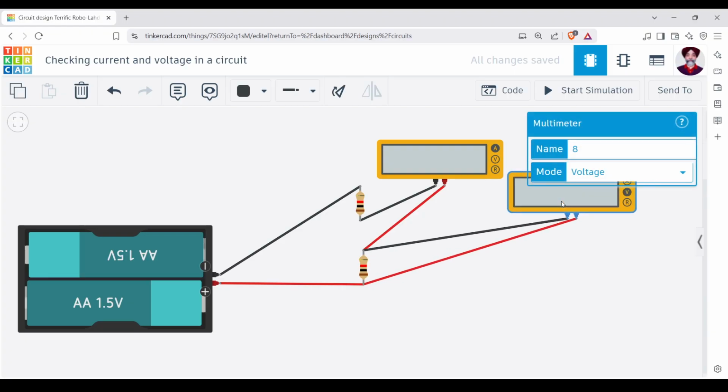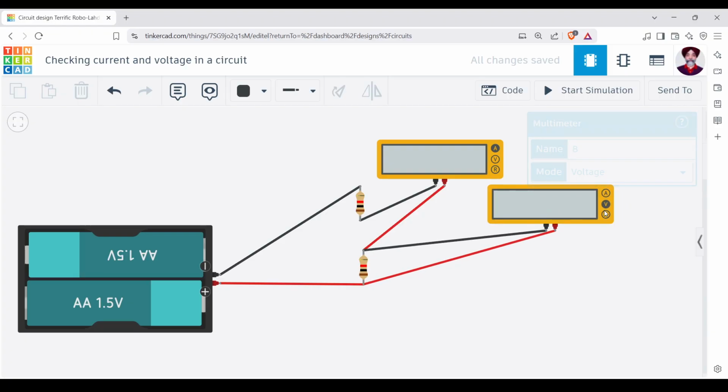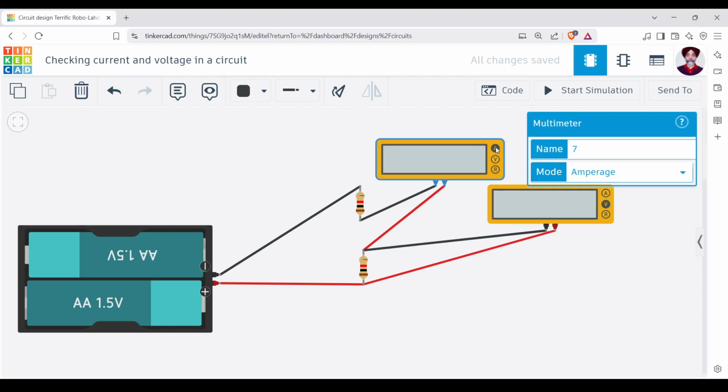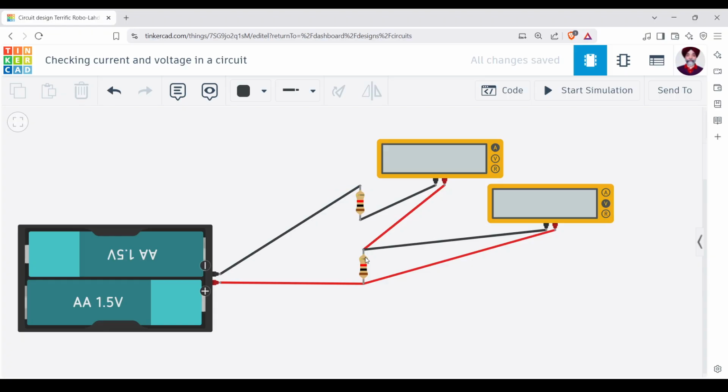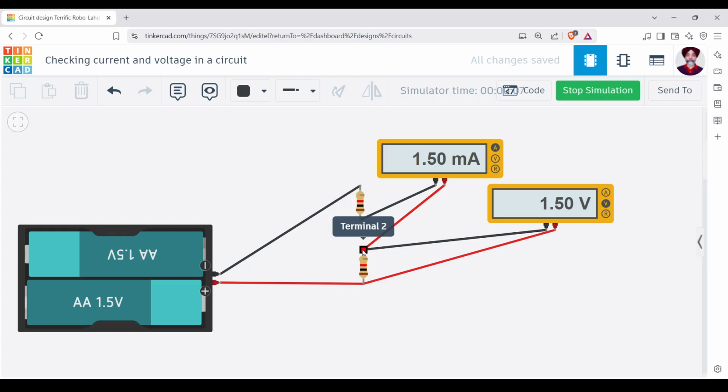You can see that the second multimeter, which is checking voltage, is connected parallel to this particular resistance, whereas this multimeter, which is checking amperage or the current, is connected in series with the two resistances. So one is in parallel, one is in series. Let's start the simulation. So this is giving you 1.5 volts. Yes, it is 1.5 volts to this point.